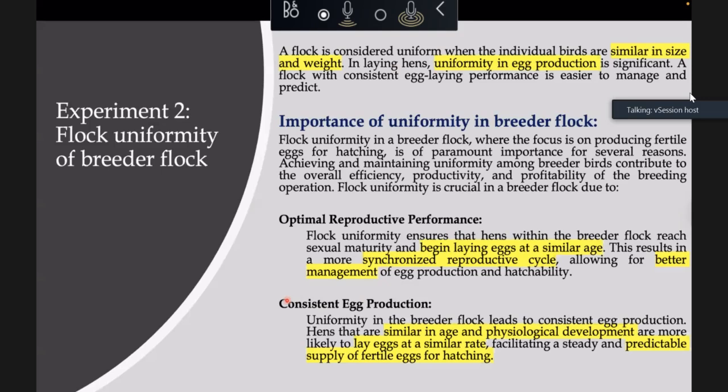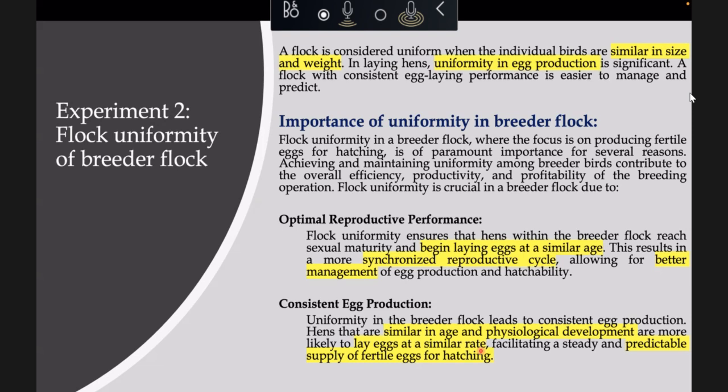Then another importance is that it ensures consistent egg production. How is that? If the birds are of similar age and similar physiological development stage, they are more likely to lay eggs at a similar rate. As I just mentioned, they will come to production together, they will go to peak production altogether, and there will be a decrease in egg production altogether.